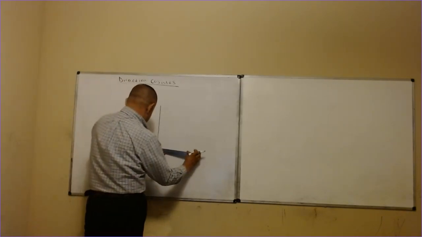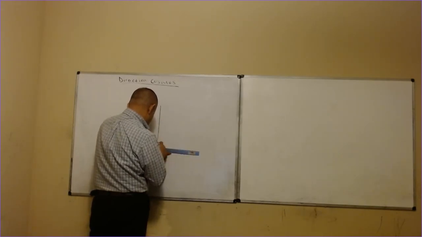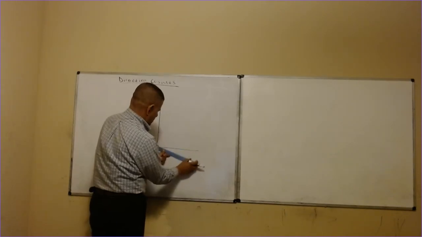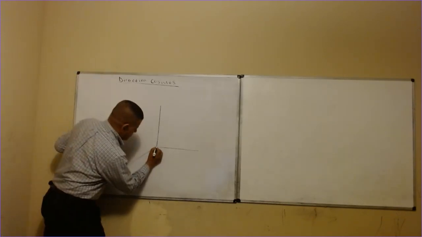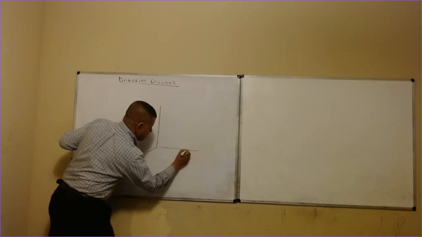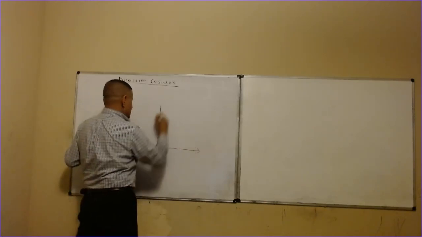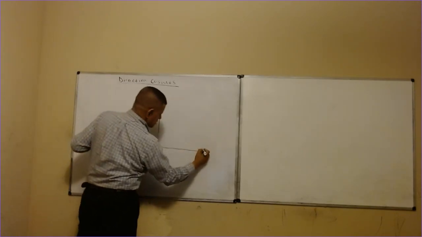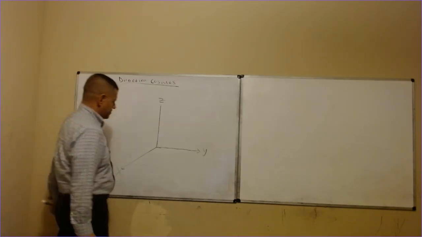So if I can get something like this, this is Z, this is Y, this is X, right?